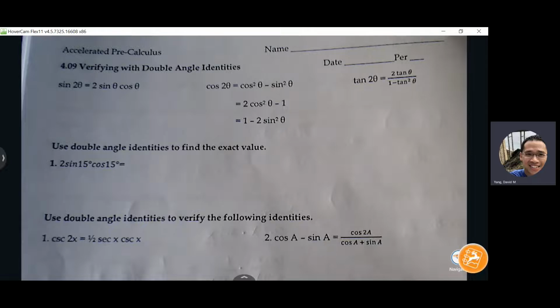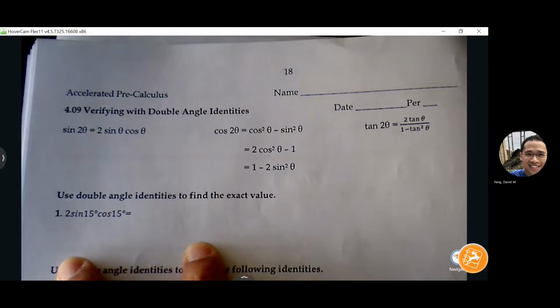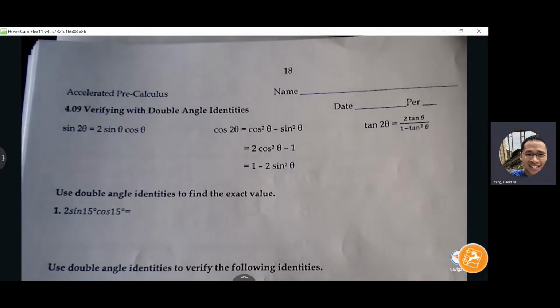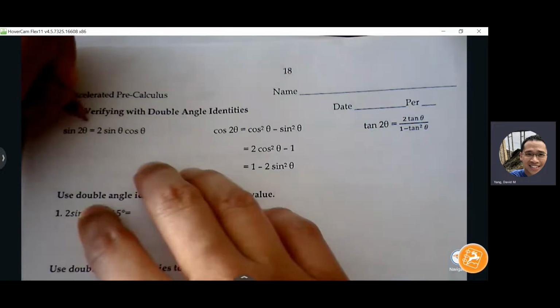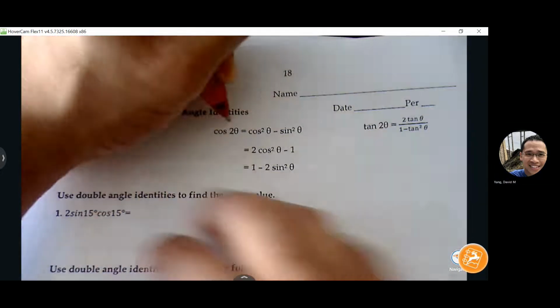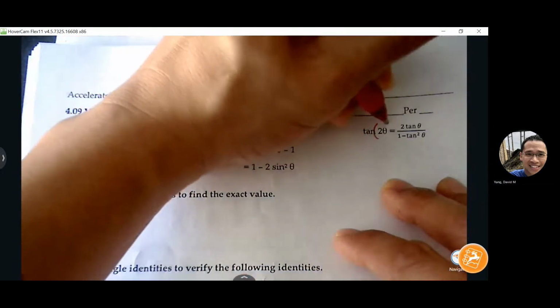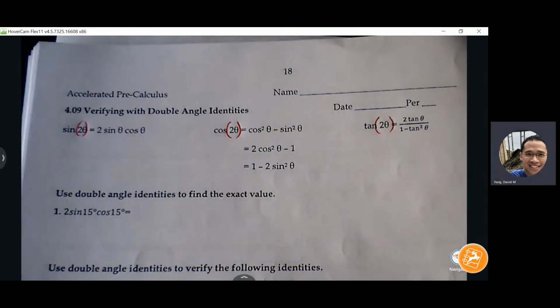Yes. All right, guys, page 18 in your packet. We have a couple more identities to go through. These are double angle identities. So anything inside the angle, if it's showing 2 theta, it just makes it harder to work with.